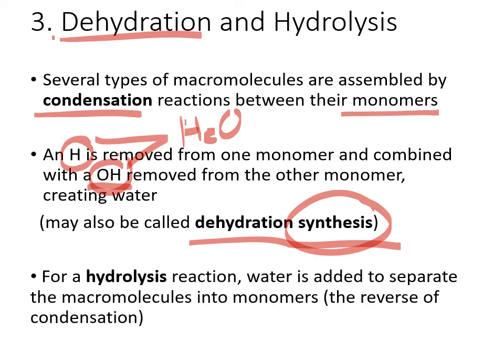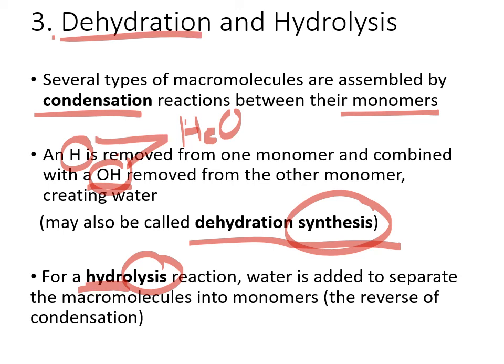The opposite of that, if you had something that was big and you wanted to split it apart, you can do that using water. So hydrolysis, the splitting of something using water, is a way that we can break apart macromolecules. You eat a bunch of protein and you want to use those amino acids to build your own proteins. You can break those proteins apart, those really big molecules.